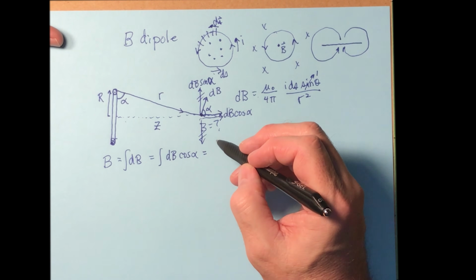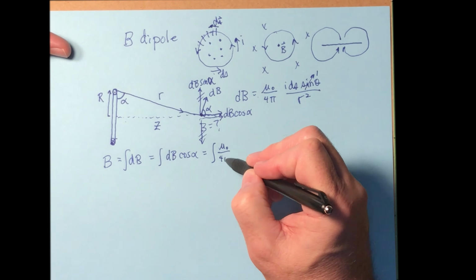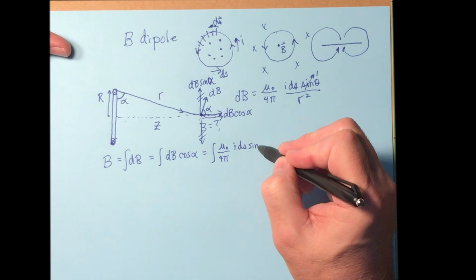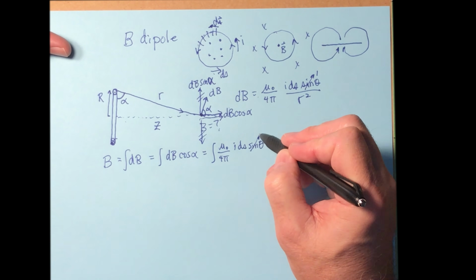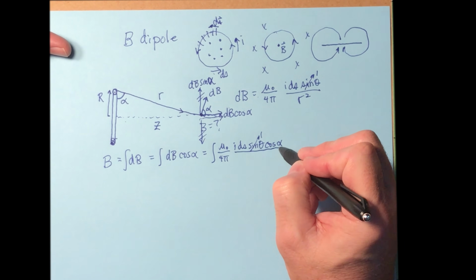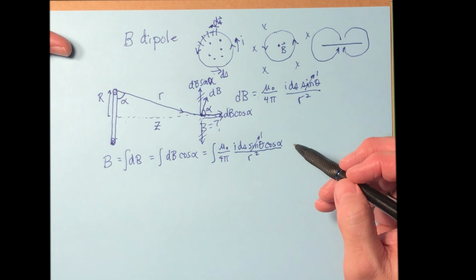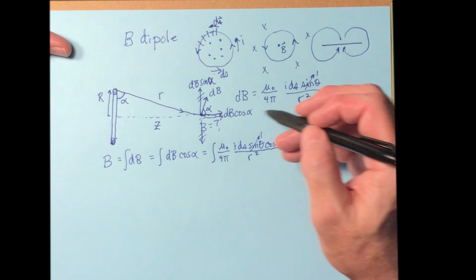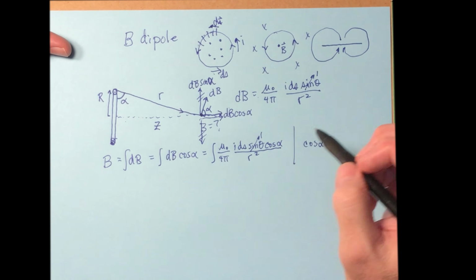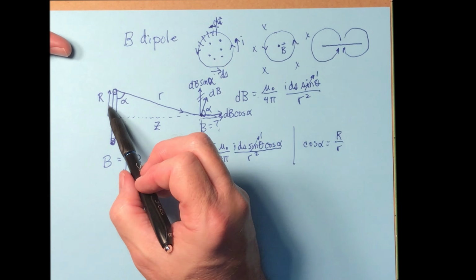All right, let's plug in our values now. Integral mu naught over 4 pi times I ds sine of theta, which is 1, times the cosine of alpha, divided by r squared. Okay, looking here, you can see cosine of alpha is going to be big R over little r. It's adjacent over hypotenuse.